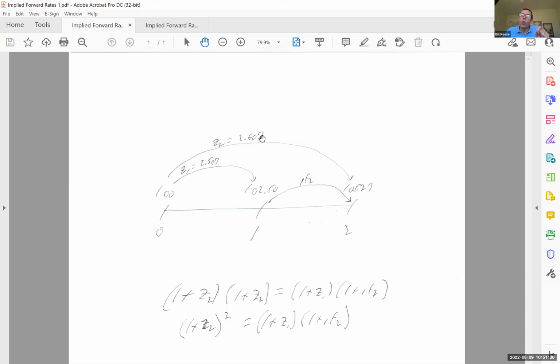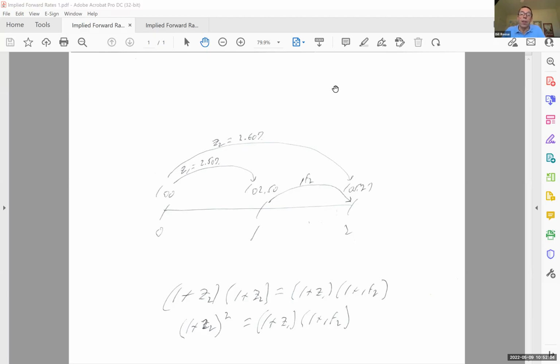Because while 2.6% is an average of Z1 and 1F2, it's not an arithmetic average. It's a geometric average. So the real question is 2.6% is the geometric mean of 2.5% and what? And there the answer is not 2.7%, but the answer is 2.7001%. So let's go back to our notes, okay?